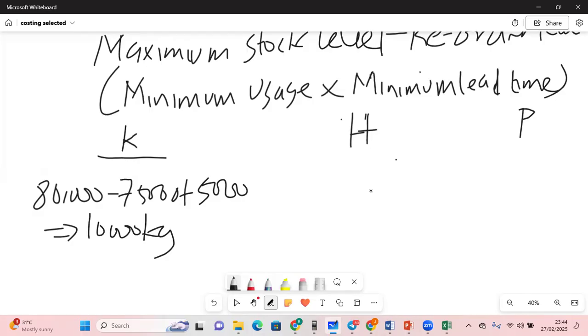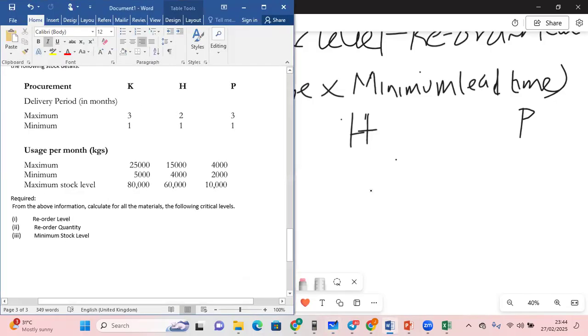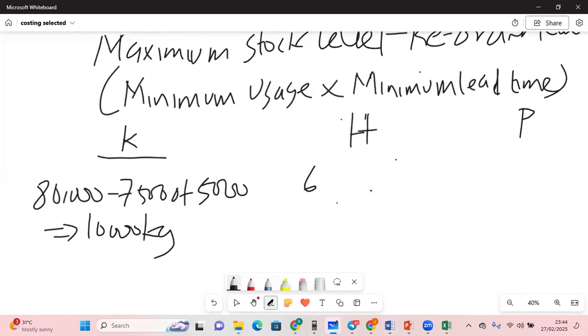Then for H, our maximum stock level here is 60,000 minus our reorder level that we computed, 30,000.